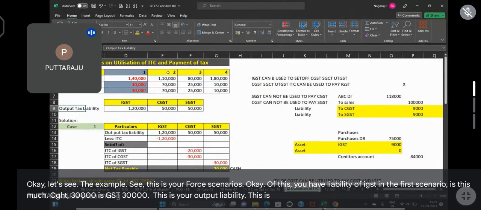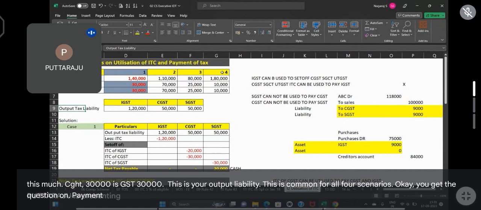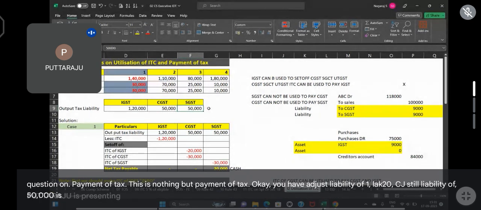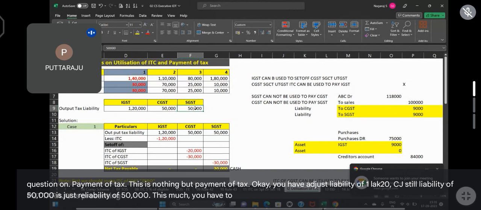This is common for all 4 scenarios. You get the question on payment of tax. This is nothing but payment of tax. You have IGST liability of 1,20,000, CGST liability of 50,000, SGST liability of 50,000. This much you have to pay.